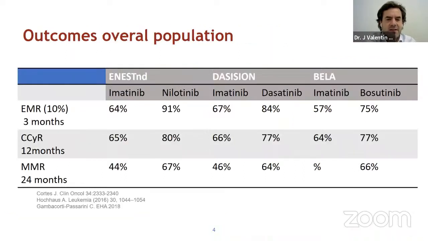So these are data from the second generation TKIs and from imatinib from prospective clinical trials that nilotinib, dasatinib, and bosutinib obtained the indication with.